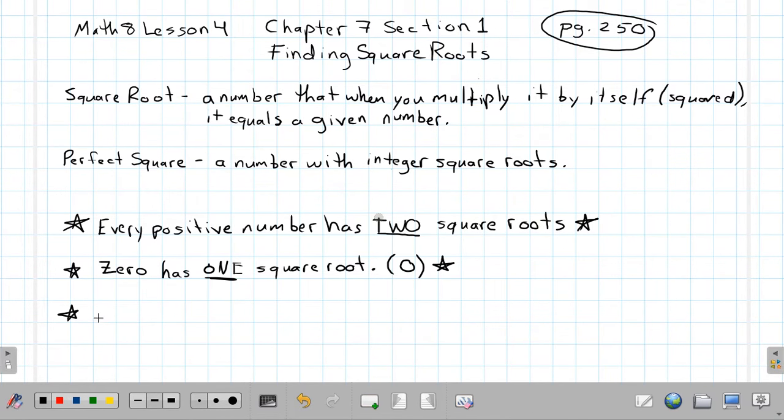And then lastly here, if every positive number has 2 square roots, and 0 has 1 square root, then every negative number has no square roots.